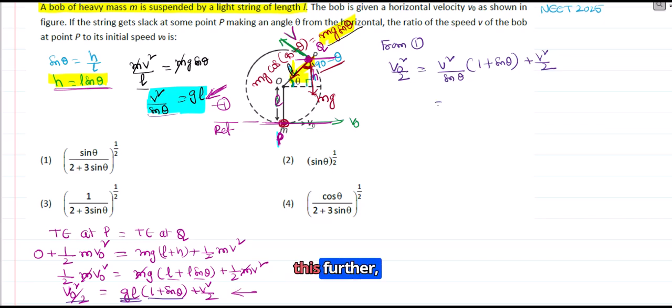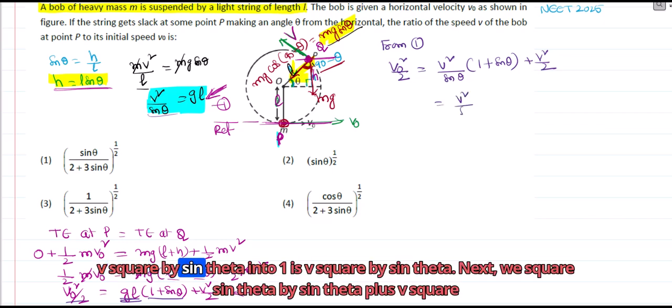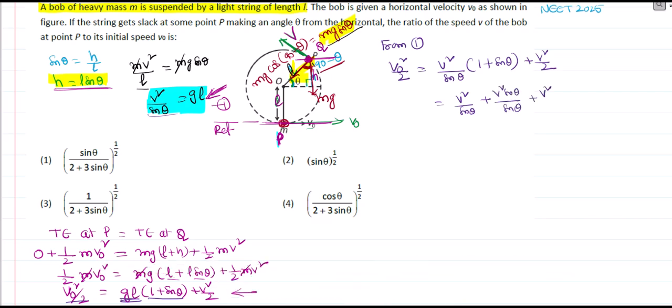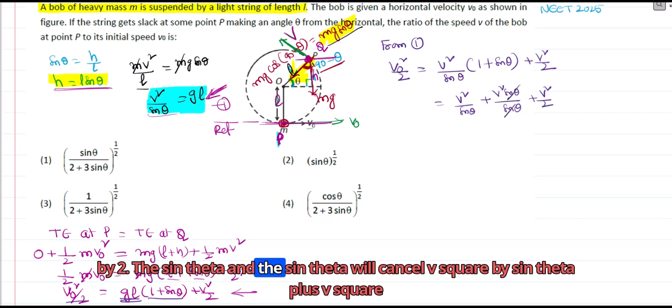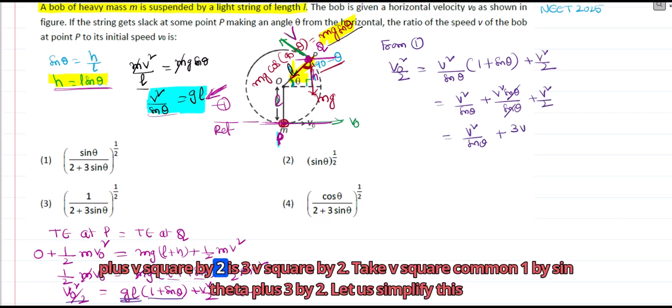Let us simplify this further. V square by sin theta into 1 is V square by sin theta. Next, V square sin theta by sin theta, plus V square by 2. This sin theta and this sin theta will cancel. V square by sin theta plus V square by 2 is 3V square by 2.